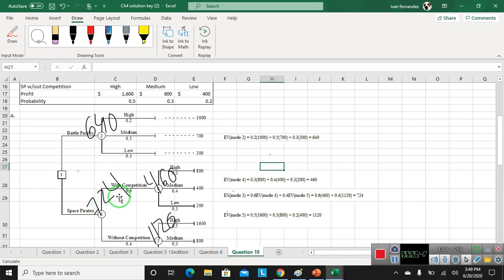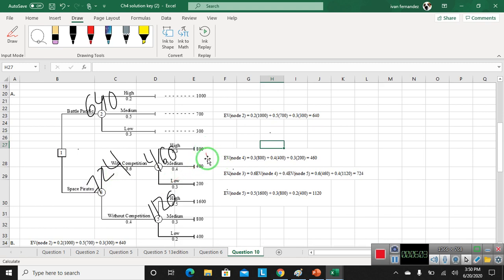Now, think about this. We're talking about expected values. These expected values are values where we introduce probability. If you go with Space Pirates, it doesn't mean that you're going to profit 724. Not at all. You will profit one of these payouts. We just don't know which one you're going to end up with. I have no idea, because I don't know if there's going to be competition.